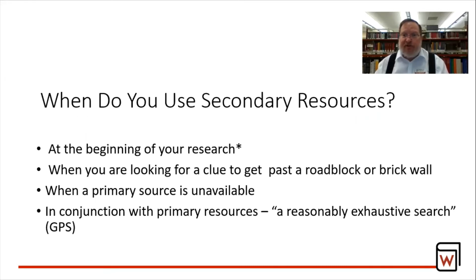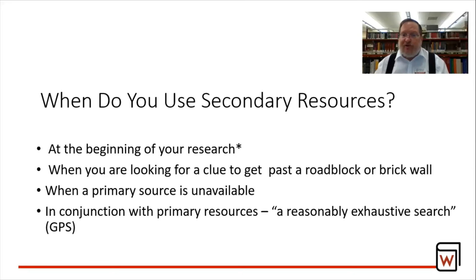And when do you use secondary resources? At the beginning of your research. That is why, as a genealogy beginner, you might want to think about using some of these secondary resources at the beginning of your research.